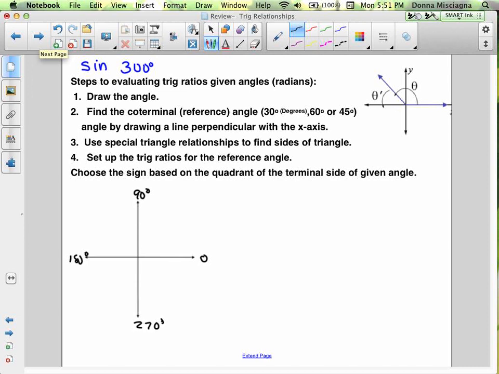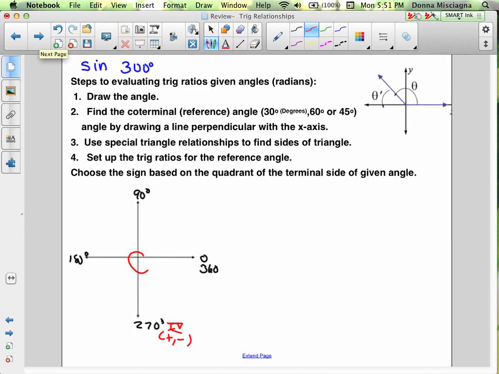So 300 degrees is going to be, of course, greater than 270, but not as large as 360. We haven't made it all the way around the circle. So that's going to be here in the 4th quadrant. And in this quadrant, the x is positive and the y is negative.